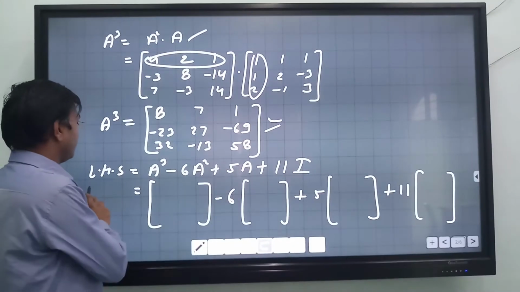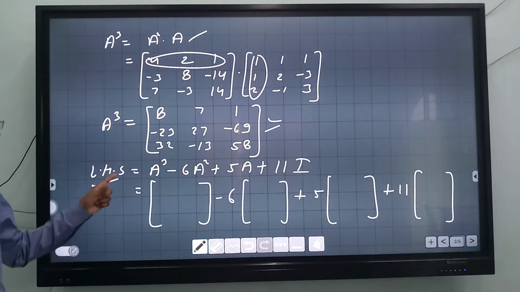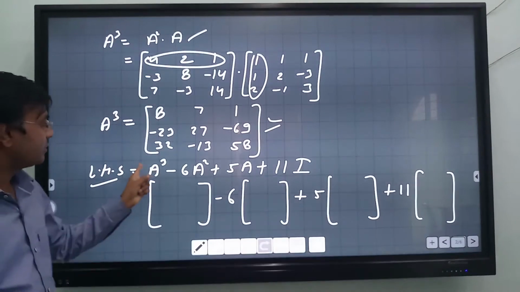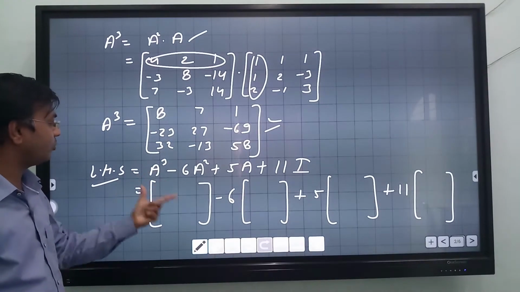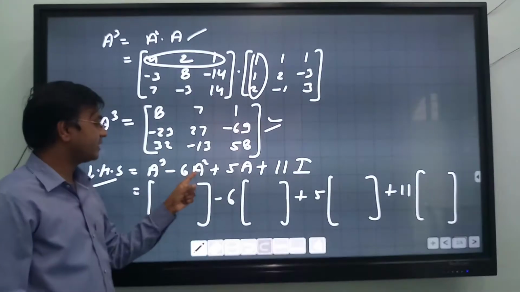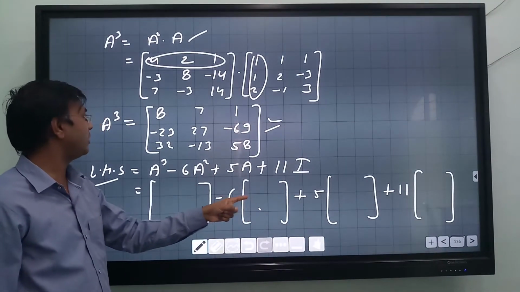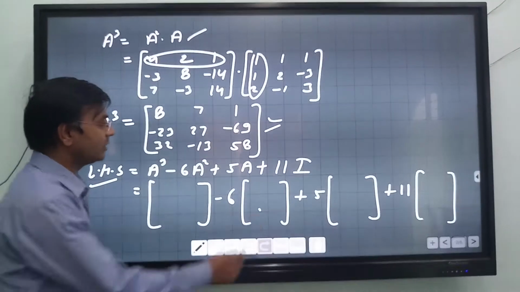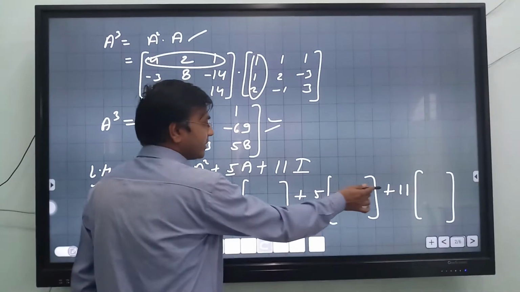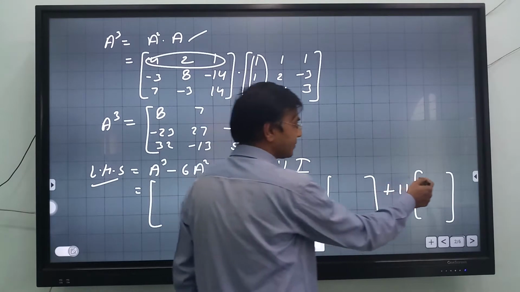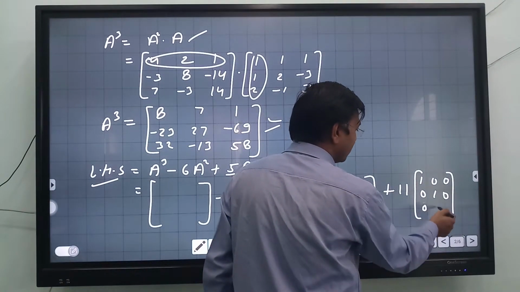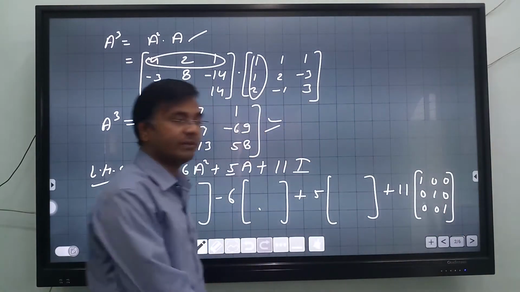Okay, now taking the left hand side. This is the whole equation given in the question. So write the matrix A cube, then minus 6 times A square, which we have got on the previous page, plus 5 into the A matrix given, plus 11 into I, which means identity matrix, that is this one.